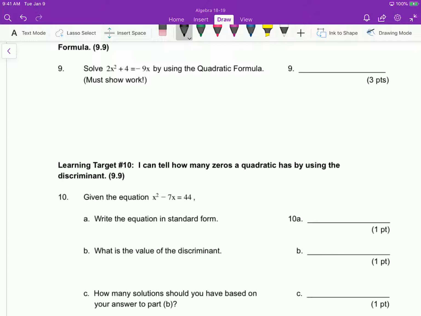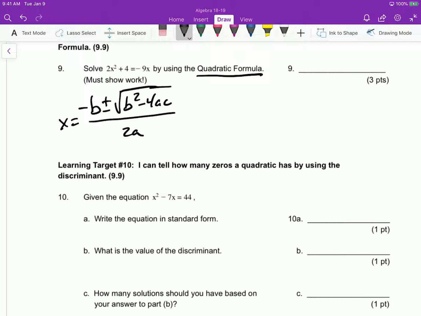Number 9, solve using the quadratic formula. If it were me, I would just write that out really quick. Negative b plus or minus the square root of b squared minus 4ac, all over 2a. Alert: this equation is not in the proper form to begin with.